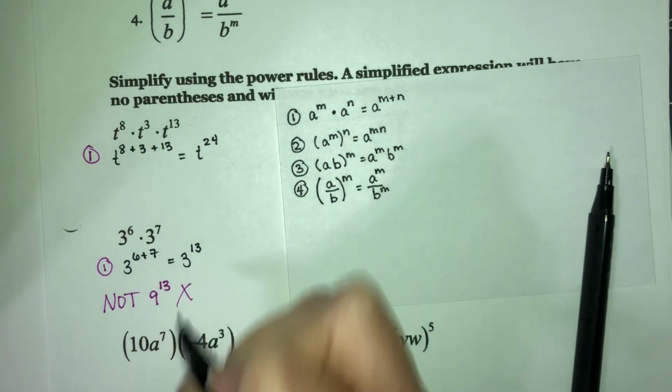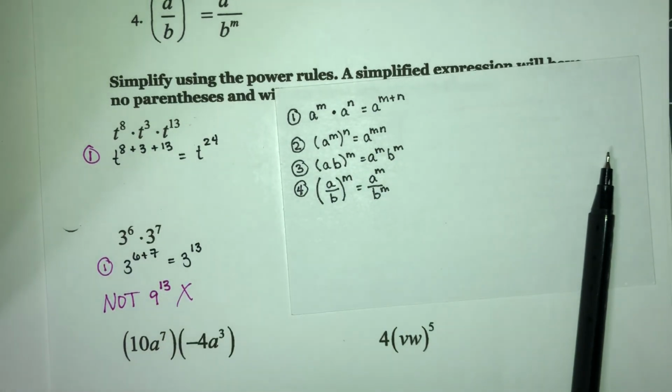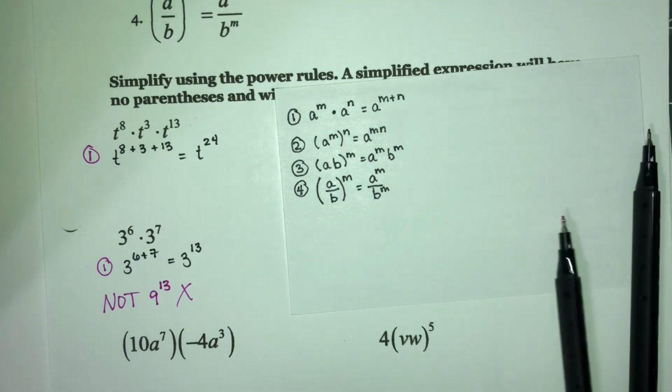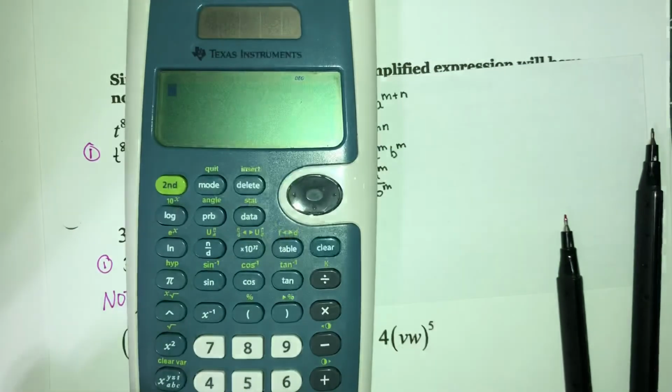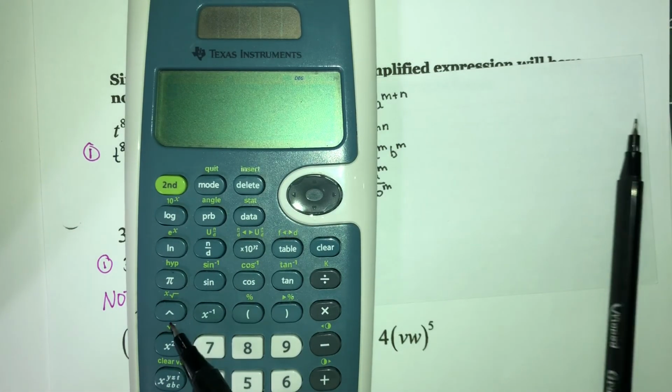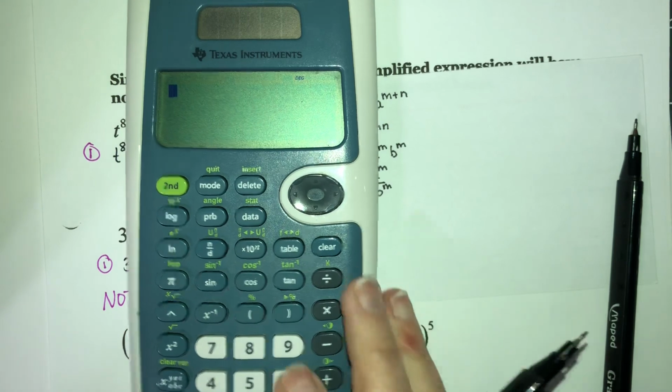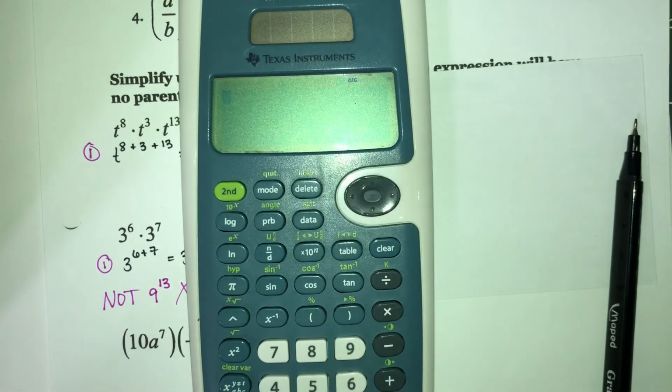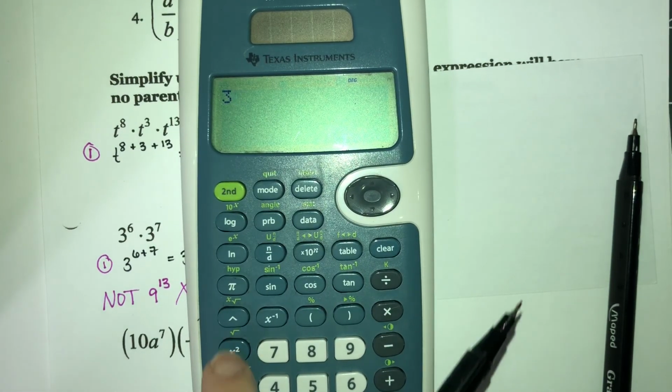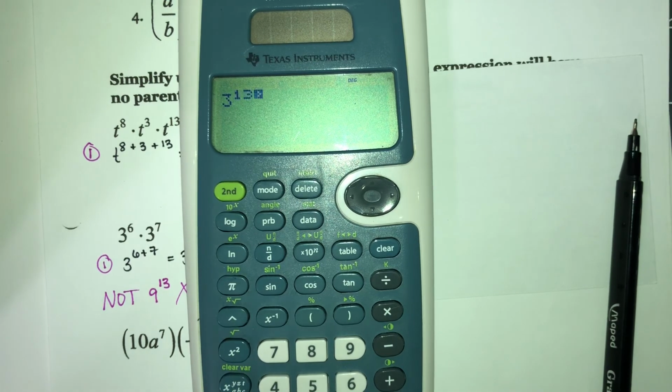That's not true. Okay. I do want to show you one thing about where to find your exponent buttons on your calculators. If you have this kind of calculator, they call this a caret, and it's directly diagonal from the 7. And if I wanted to enter 3 to the 13th power, I'd hit 3, my exponent button, 13, and I get that answer.